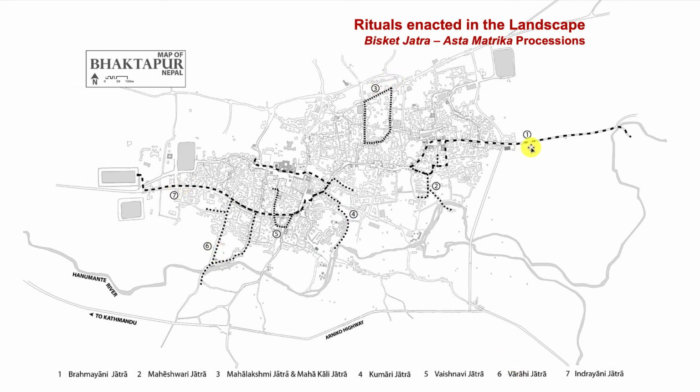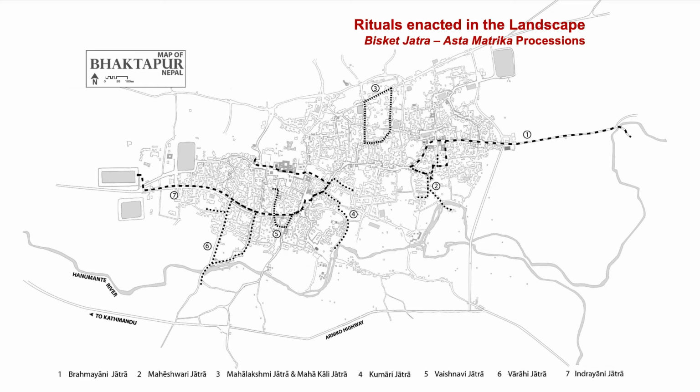Now, for example, there's an interesting thing that happens here in the rituals. When they bring in the mother goddess Brahmayani's chariot or the parade here, and at the same time, people bring in Maheshwari's chariot here. At some point, these 2 chariots will come together. And then people do what they call a war between these 2 mother goddesses.